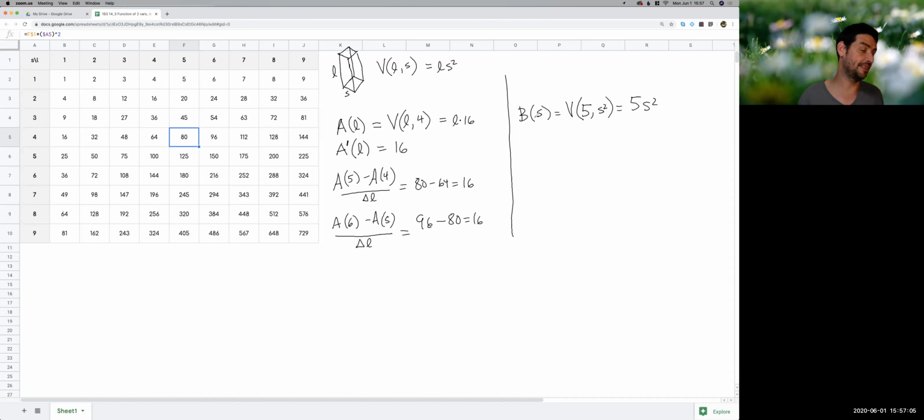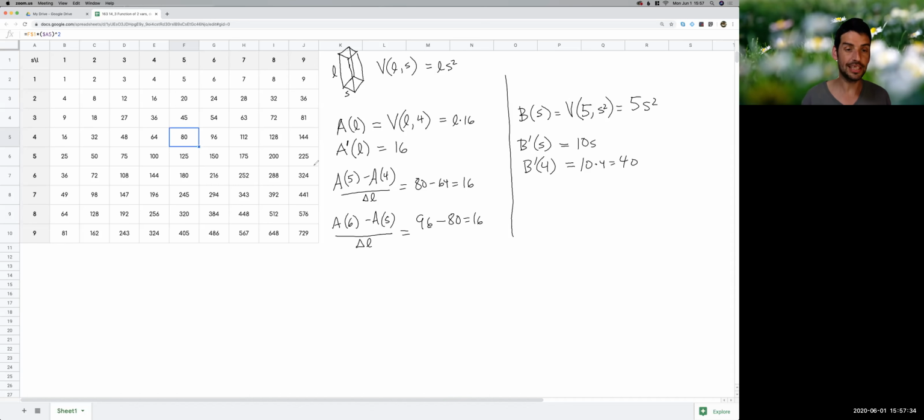What that creates is a function of one variable, because one of the variables can't vary anymore. So I've got this B of S. B prime of S, how the volume changes as I change the side length of the base, is 10s. And at the point we're looking at, 4, this will be 10 times 4, or 40.